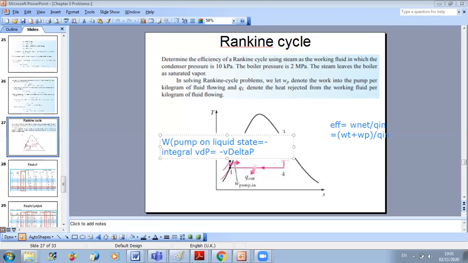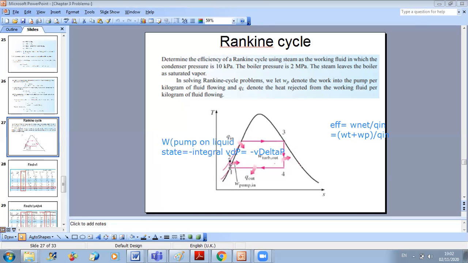And I will tell you why I will use this formula, because as you know, here you have liquid state, 1 and 2 are in liquid state, and last time together when we went through the steam tables, we have seen that compressed state is not tabulated.